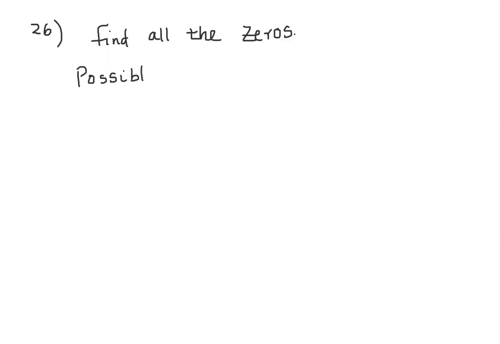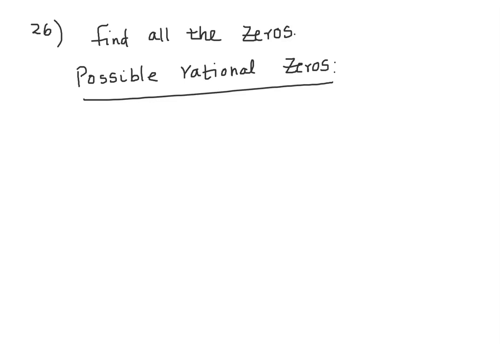You have to take one number at a time and check if that is a zero. Or you can enter it on your calculator as well. It's going to be just the factors of 6 only because the denominator is 1.